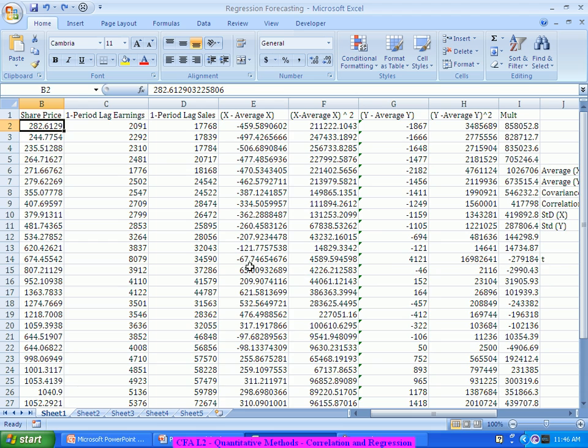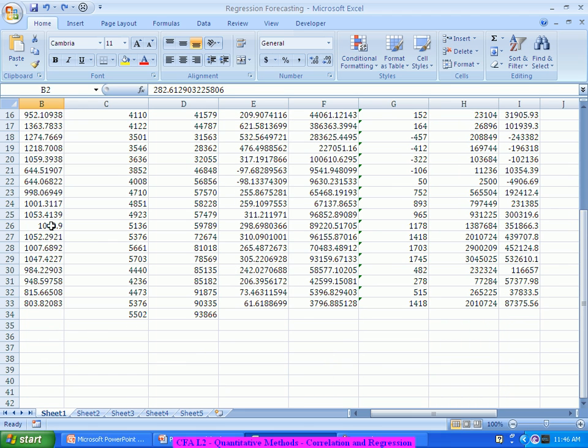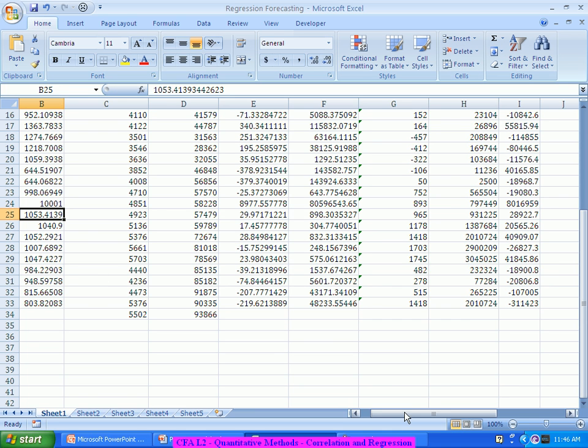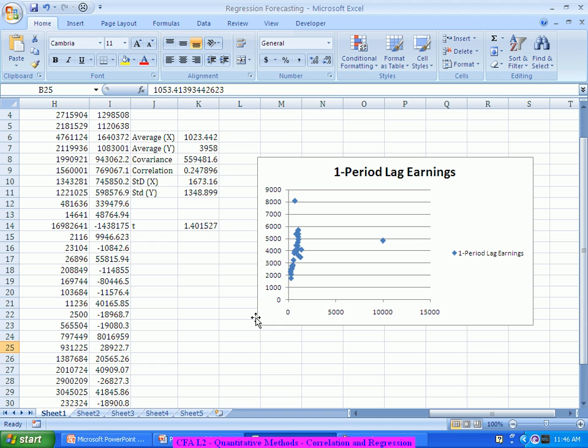Whereas in some cases, if I make it, let's say instead of 1001, I make it 10,001, we will find correlation suddenly dropped to 0.24 from 0.61. So one extreme outlier present in the data can actually make even our graph completely different.